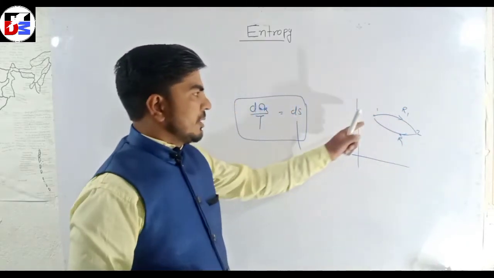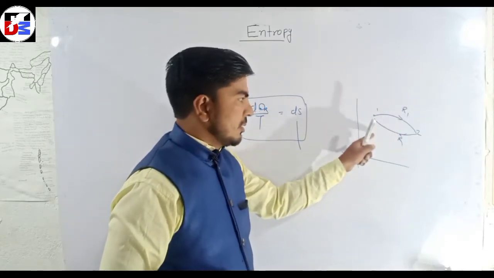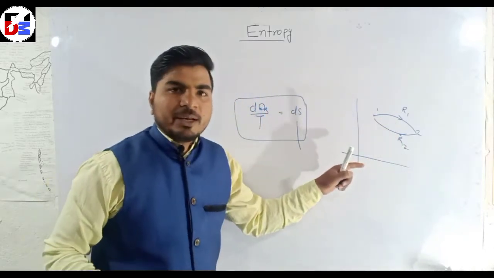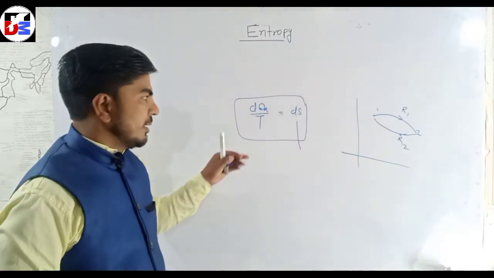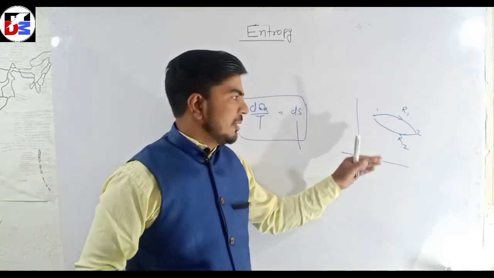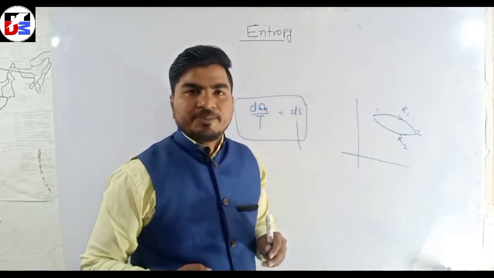Then the entropy change from 1 to 2 along this path and along R2 gives the same value, dS. dS is a property of the system, and it depends only on the point, not on the path.